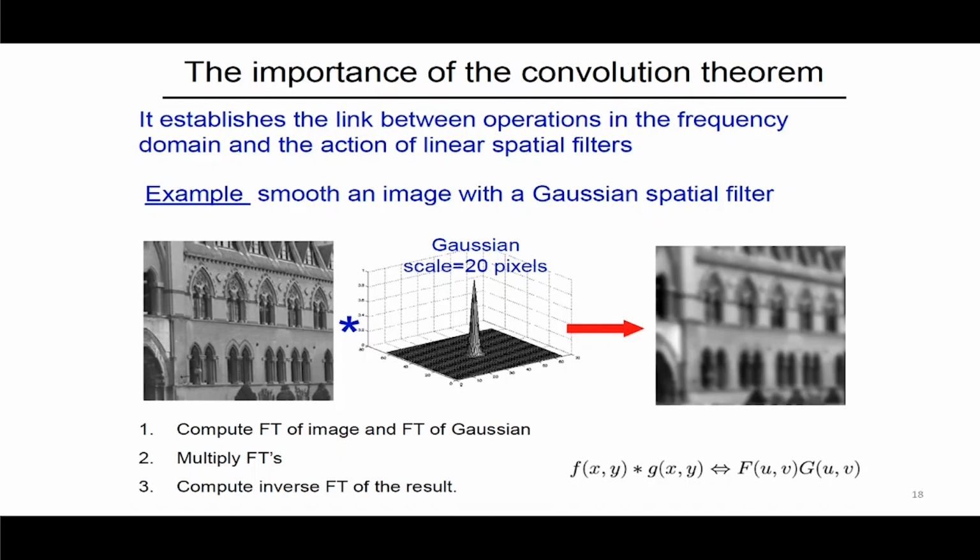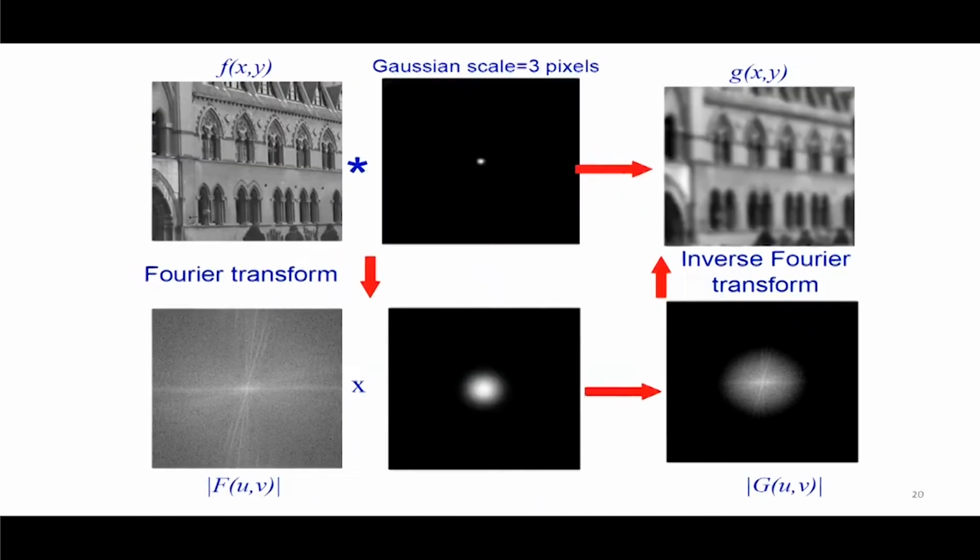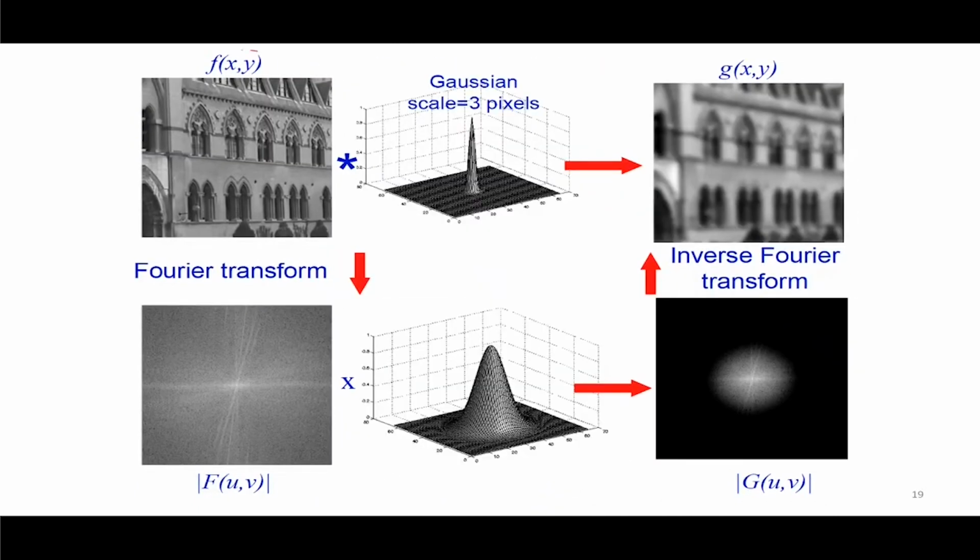For example, I want to convolve a given image with a 2D Gaussian. This convolution is much more expensive, by orders, than the multiplication. Assuming that your Fourier transform and inverse Fourier transform computation is not so expensive when compared to this convolution, assume that I want to convolve my f of x,y with a Gaussian kernel, and I would like to arrive at this result.